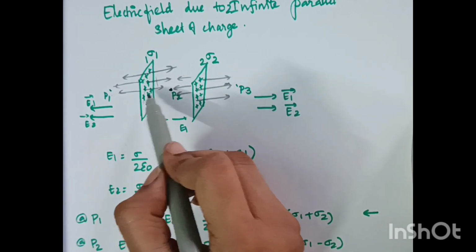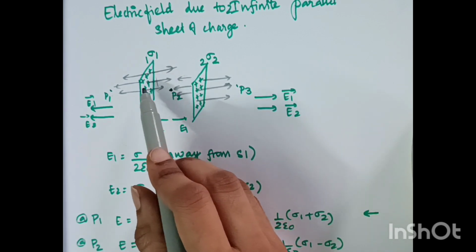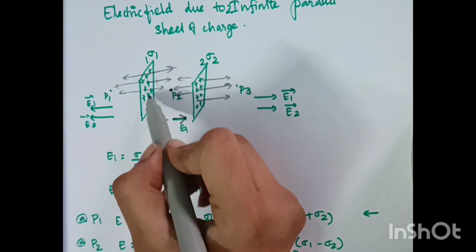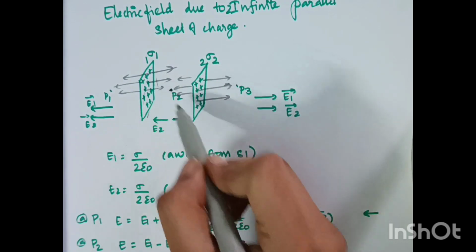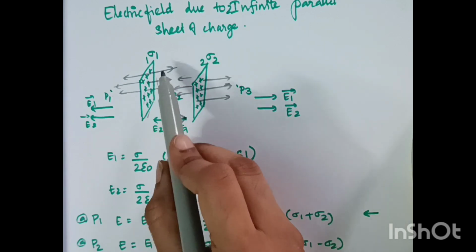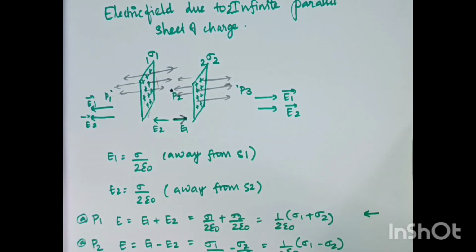Because it is positive charge, it will be directed like this. These are the charges here, and this is the point where we are finding the electric field. So the direction of electric field will be towards the right side, away from the charges.